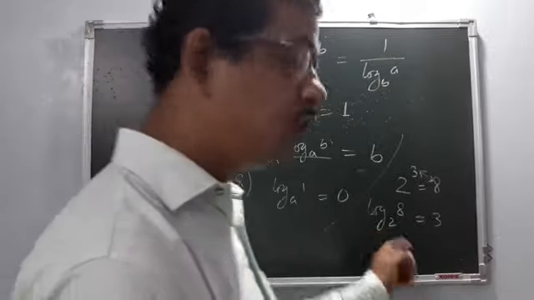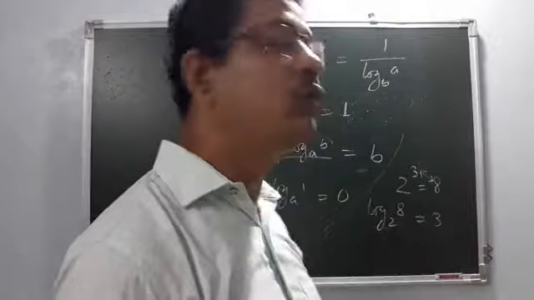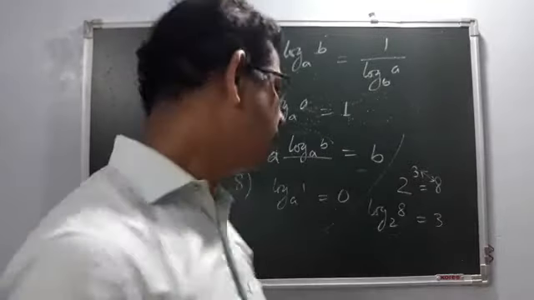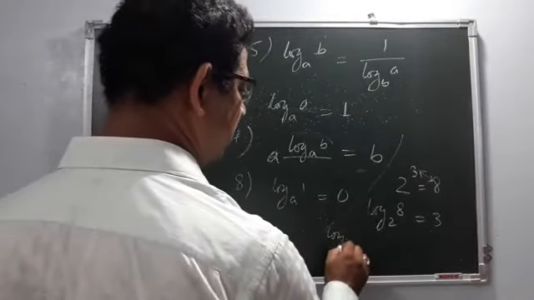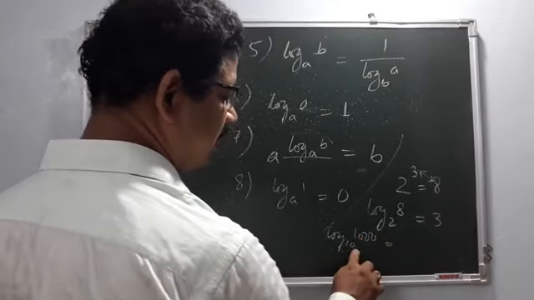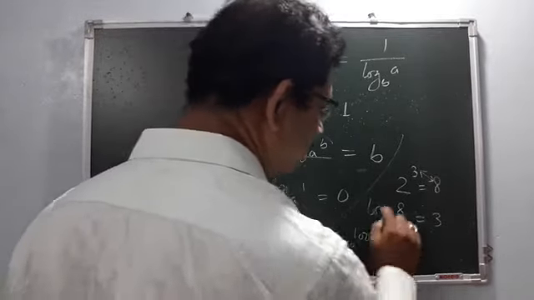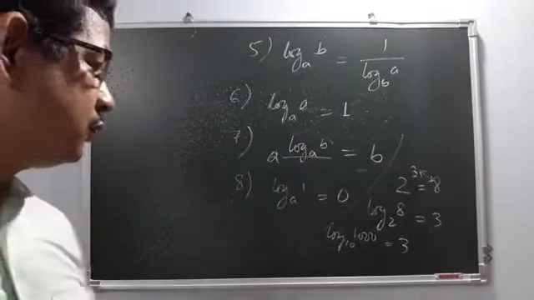Logarithm of 8 with respect to 2 means what? What power of 2 is required to get 8. Suppose you have to find logarithm of 1000 with respect to base 10. That means it is the power of 10 required to get 1000. 10 to the power 3 is 1000. So it is 3.